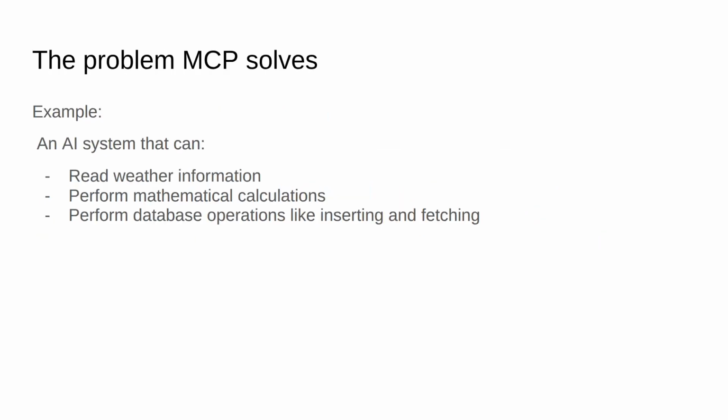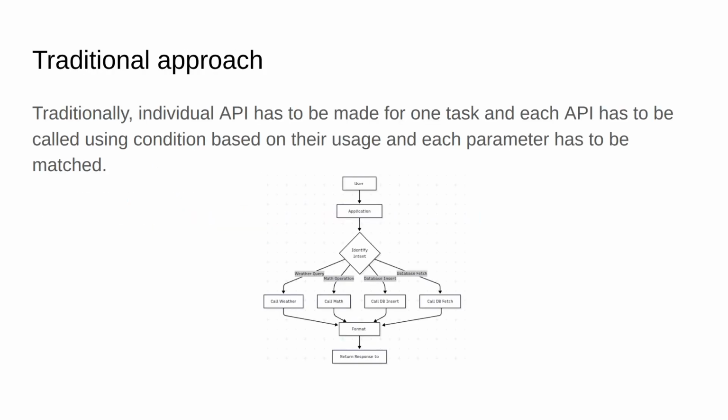Let's talk about the problem MCP solves. To understand the problem MCP solves, let's start with a simple example. Imagine you want to build an AI system that can read weather information, perform mathematical calculation, and also perform database operations like inserting and fetching data. If you were to implement this system in a traditional way, here is what you would do. First, you would build separate APIs. One API for reading weather data, one API for performing mathematical calculations, and another API for database operations like insert and fetch.